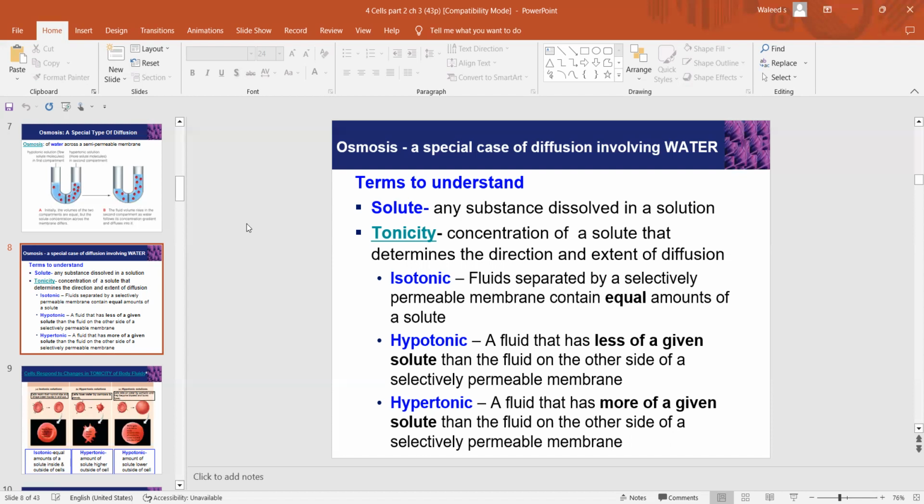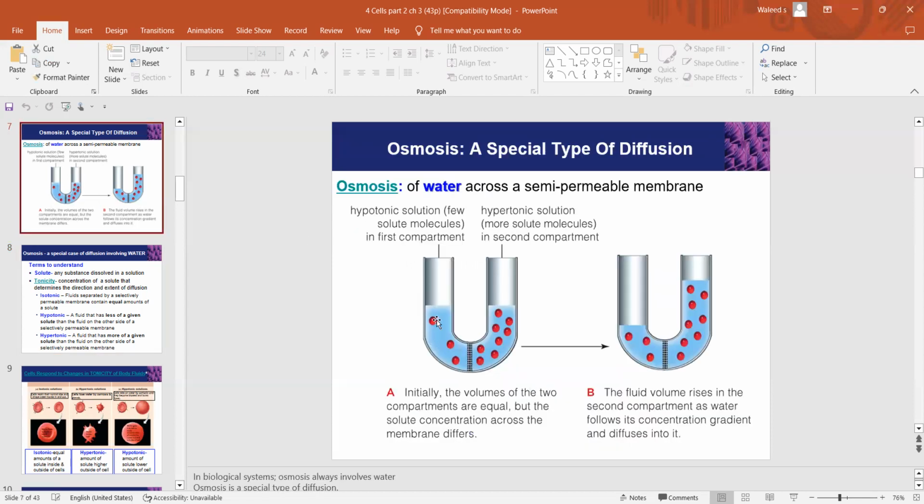Compartment A, compartment B, both of them have exactly the same thing. Returning back to this one here, what if I put in this side juice, part of my bottle of juice, I put half of it here and half of it here. Same juice, same one. It's isotonic.